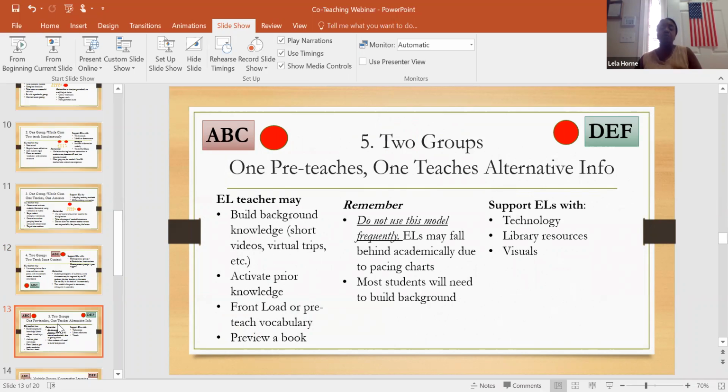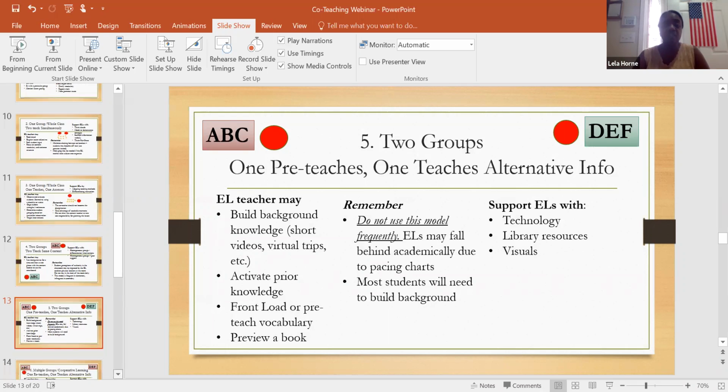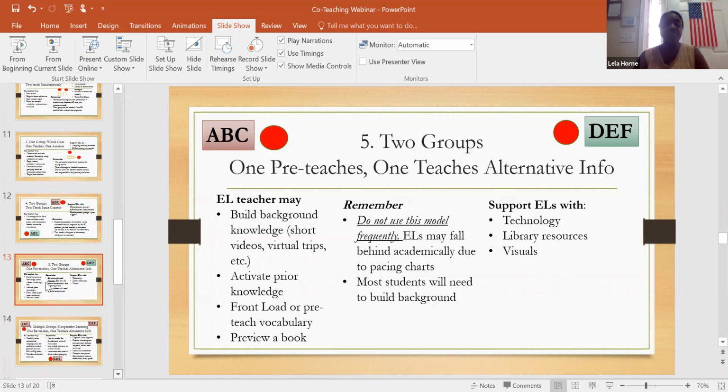If you have one group of students who need to build background while another group of students needs to delve deeper into the content, we certainly use this model quite a bit. Here, sometimes it is the ESL students that are split apart. Sometimes that just has to be done, especially if you're dealing with students who, again, have interrupted formal education, then I certainly use that model of instruction.